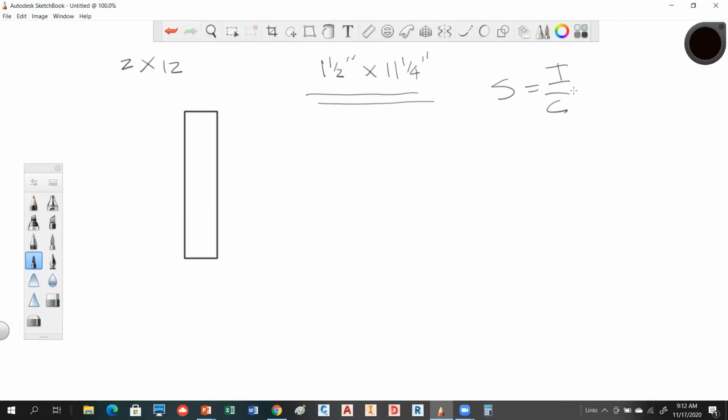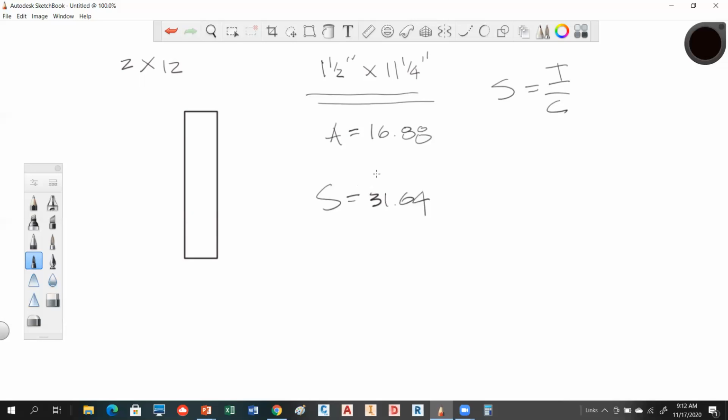So if you are looking for that 2 by 12, you'll notice that the area of a 2 by 12 is actually 16.88, and the section modulus, which is cool, is equal to 31.64.